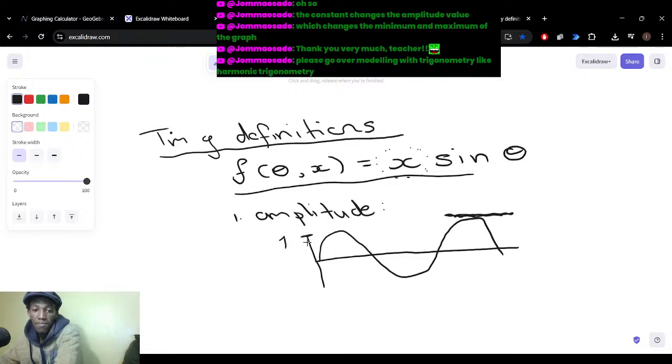So our maximum value of this graph is 1, and our minimum here is -1. The maximum actually has a name. It's called a crest. Ne? So a crest is the maximum point on a periodic function. And then here, the minimum point also has its name, called a trough.